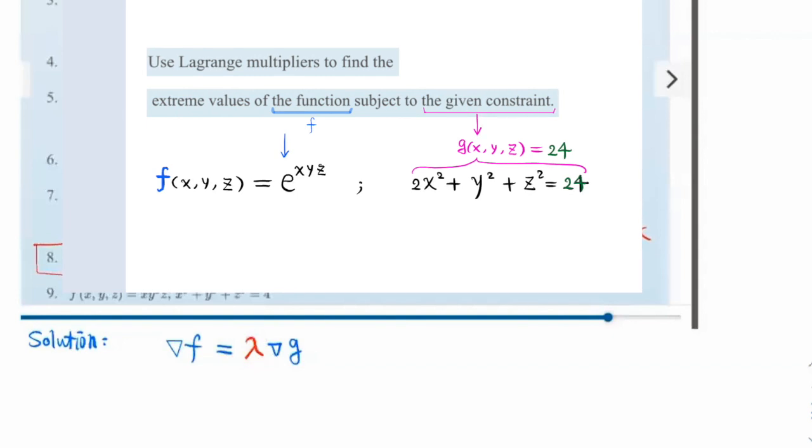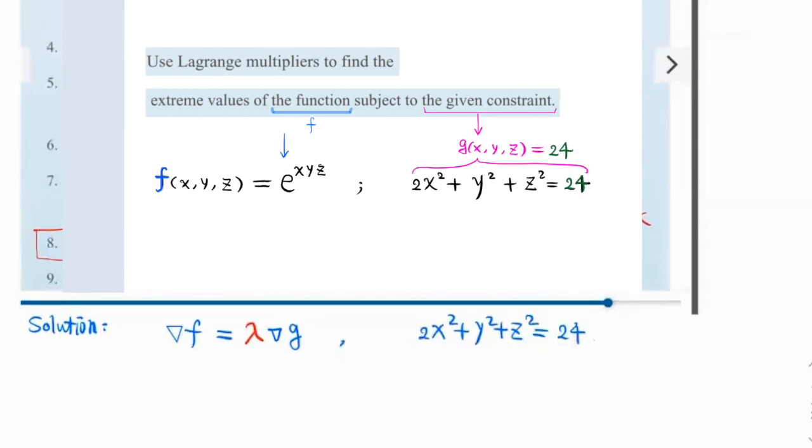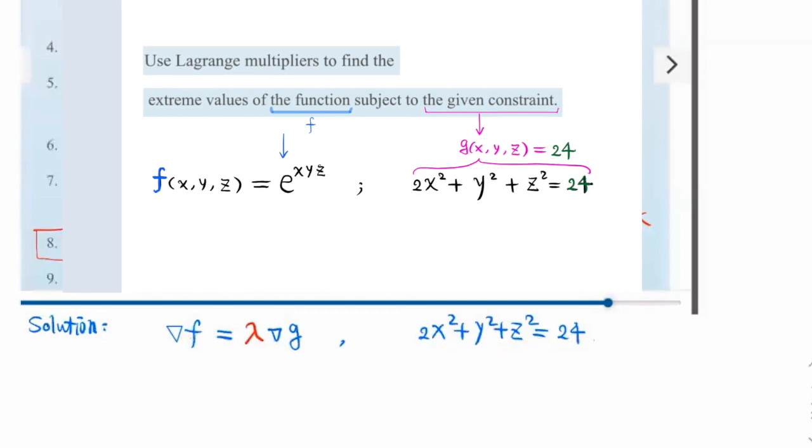Then we use this equation together with this constraint equation, solve for x, y, z, and then substitute those x, y, z into the function, compare, and find the extreme value, okay?